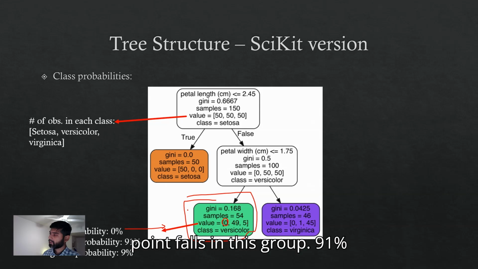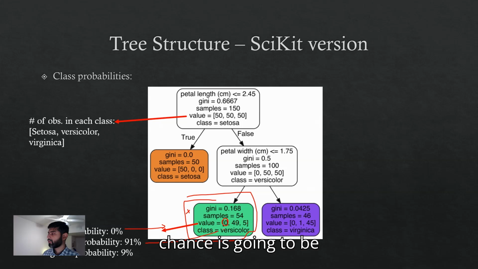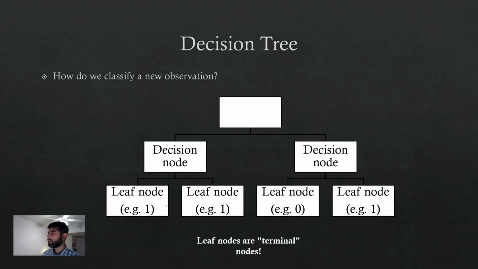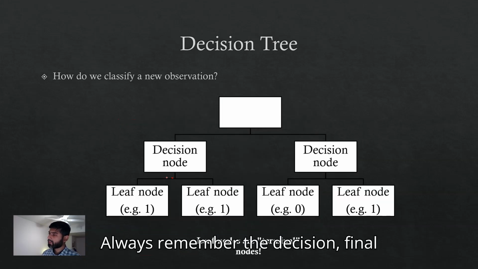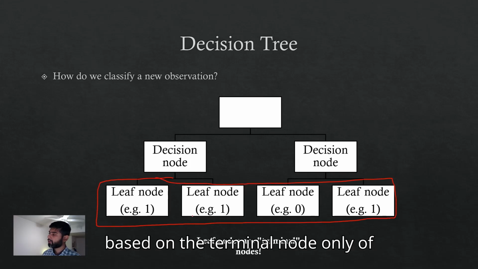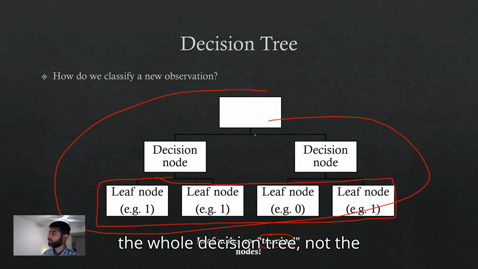If the new data point falls in this group, 91% chance is it's going to be a versicolor, and 9% chance is it's going to be a virginica. So you got 91% accuracy. Always remember the final decision, or the final prediction, is made based on the terminal node only of the whole decision tree, not the intermediate nodes.